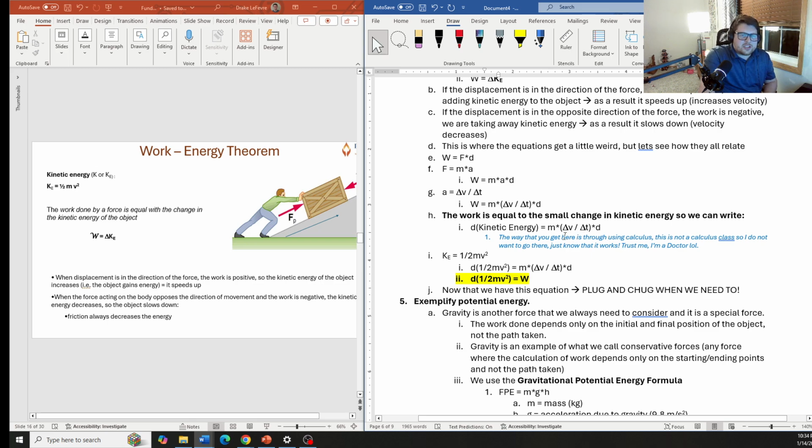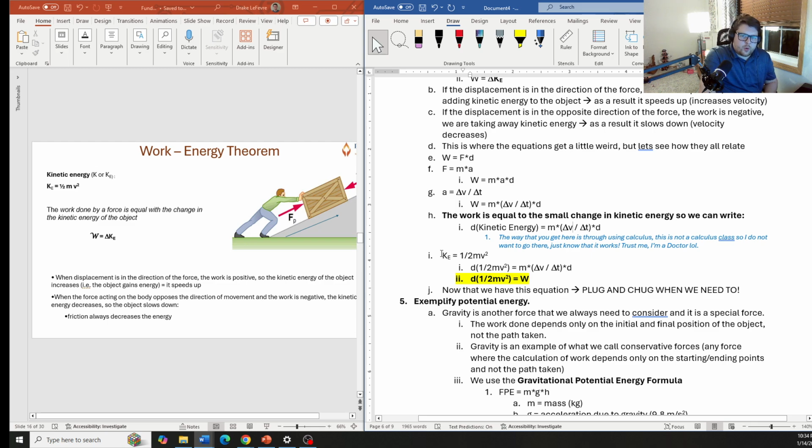So just trust me when I say it works, so we get here. Okay? So it's displacement multiplied by kinetic energy equals mass times change in velocity divided by change in time multiplied by displacement.